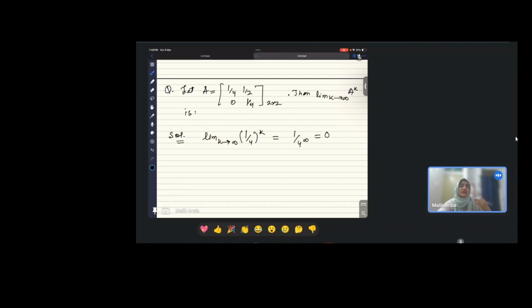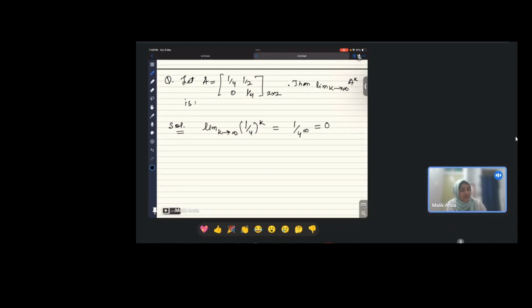You must have studied during the week about convergent matrices as well, right? Yes. So here everything will be 0. It will be 0 for the second element. It will also be equal to 0 for everything. The third element is 0 itself.